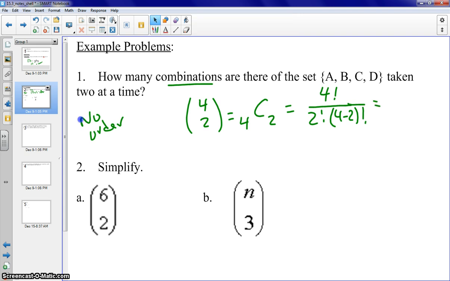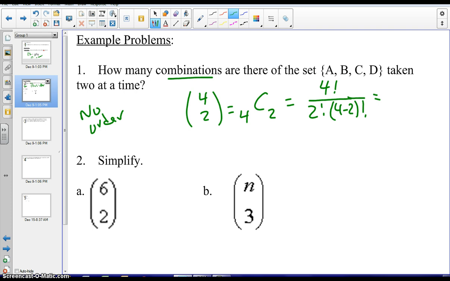We can calculate this by hand: 4 factorial over 2 factorial times 2 factorial, which gives us 4 factorial over 4, which is 6.